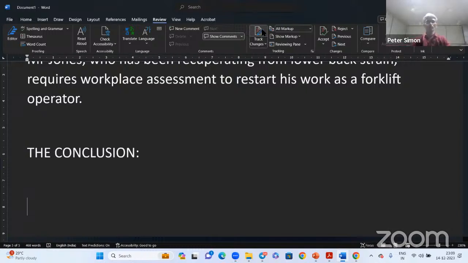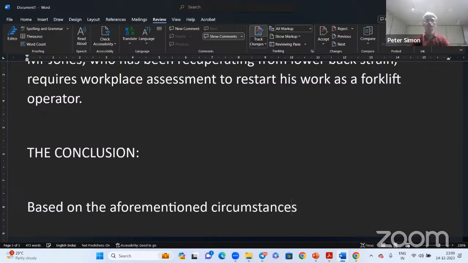The conclusion. Based on the aforementioned circumstances, or in view of the above.